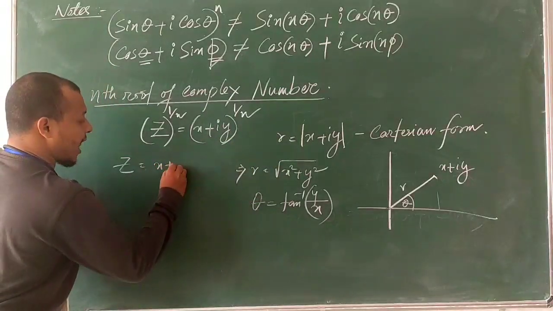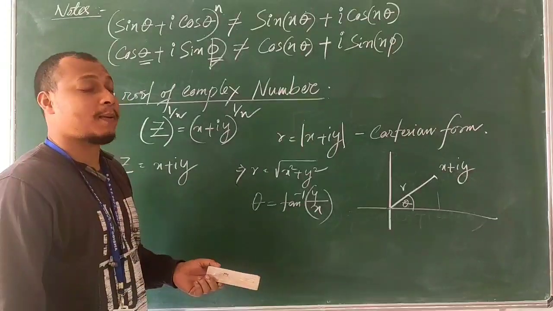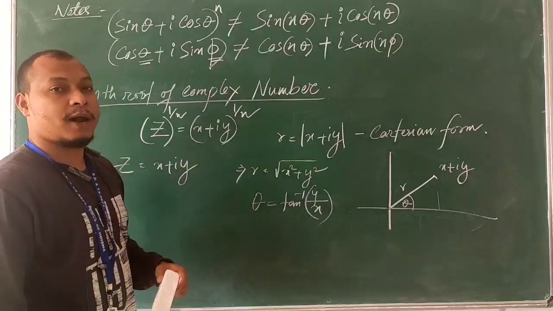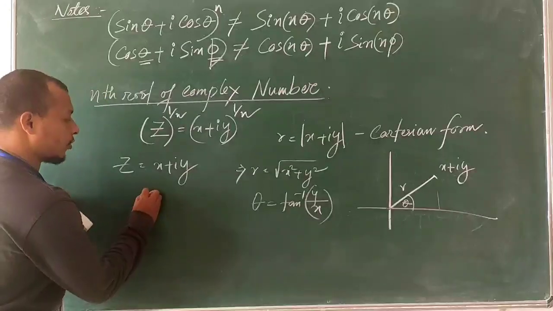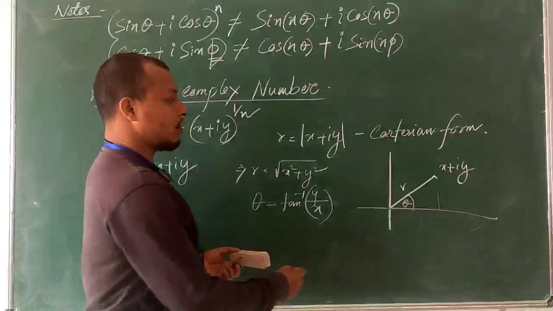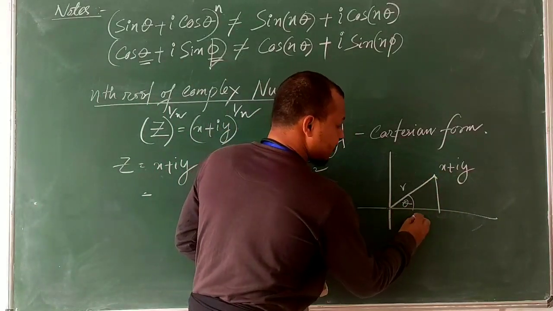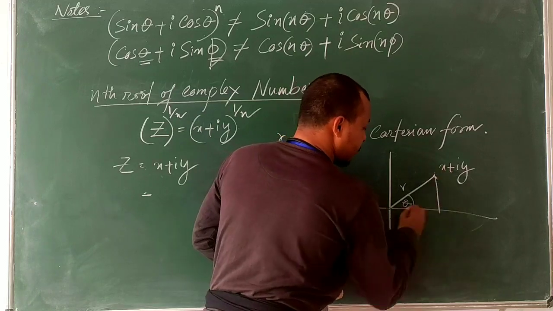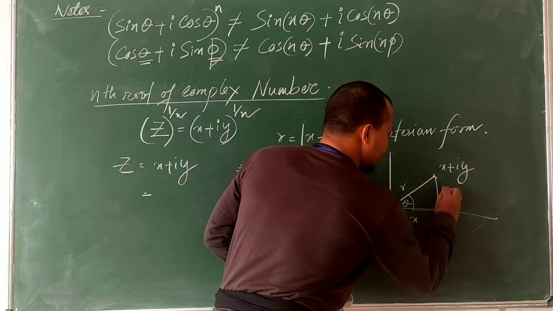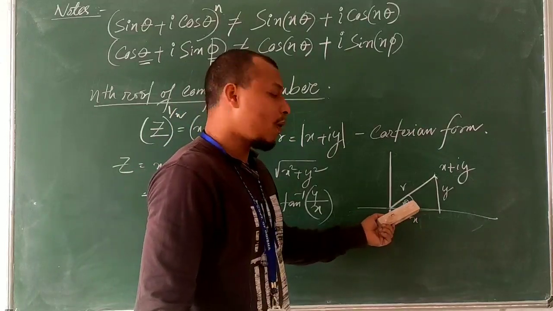Now z is equal to x plus iy, and we have to convert it into polar form. Here x is equal to r cos theta. You check this is theta, this distance is the x distance and this distance is the y distance. What is cos theta?